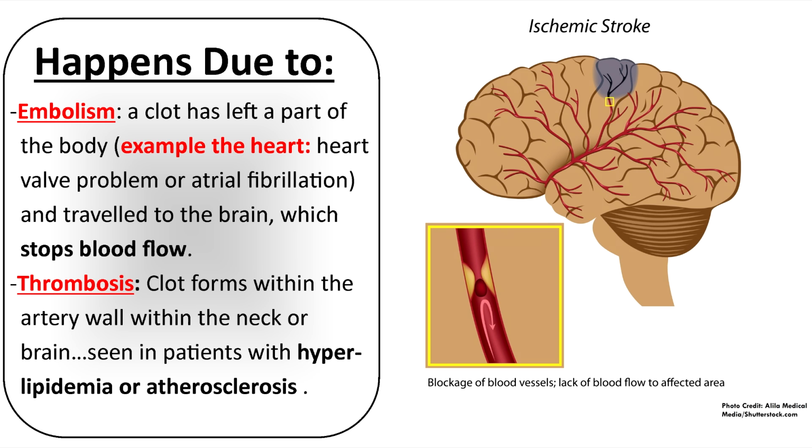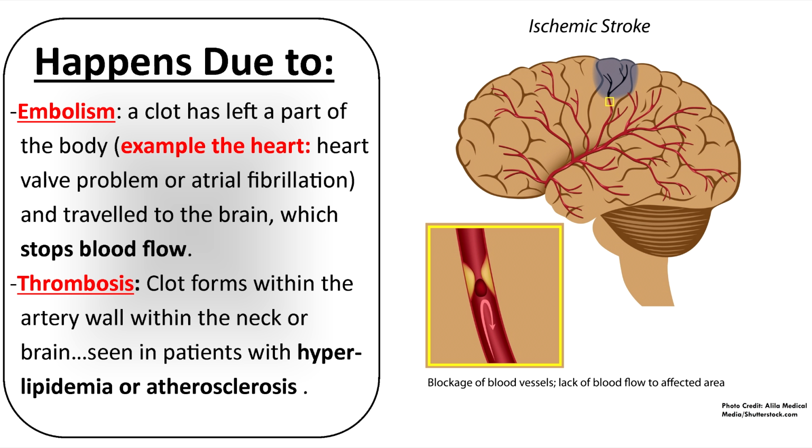First, let's talk about an embolism type ischemic stroke. This is where a clot has left a part of the body, for example, the heart. Maybe the patient has a heart valve problem, or they're in a rhythm called atrial fibrillation, where those atria are just quivering, the blood is pooling in there too long, it can clot, and then it can leave the heart and travel to the brain, which will stop blood flow.